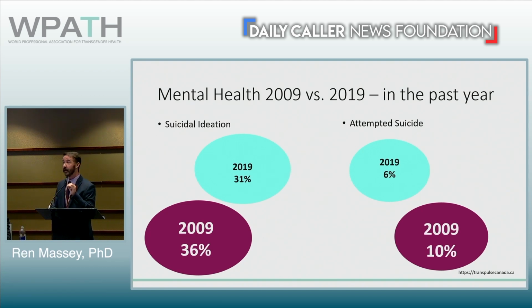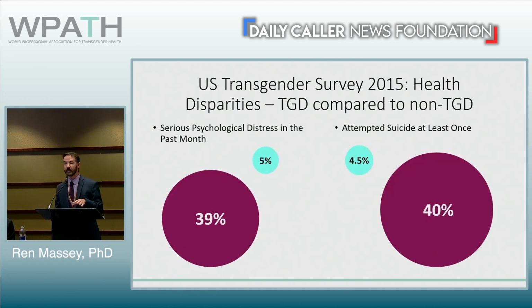Still really high. Attempted suicide, 10% in 2009, down to 6% in 2019. Still really high. These numbers are similar to numbers from the U.S. Trans Survey, which was published in 2016. It was done in 2015.